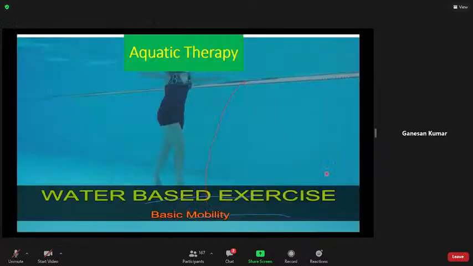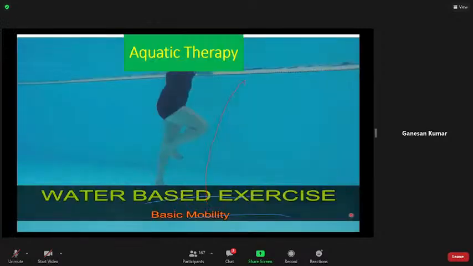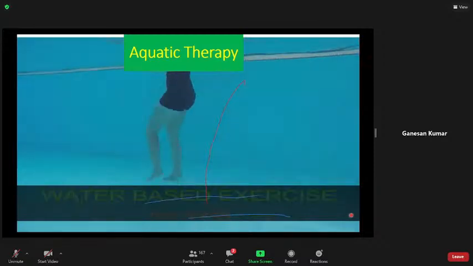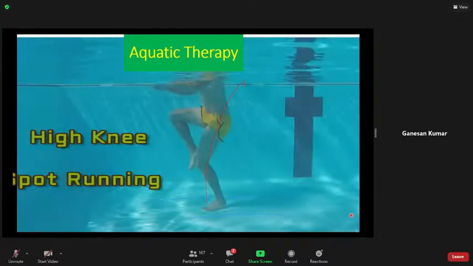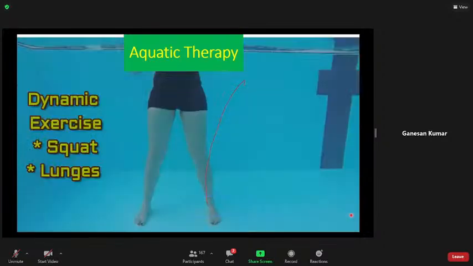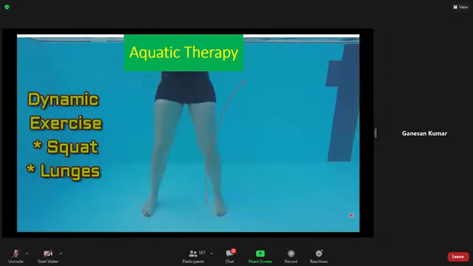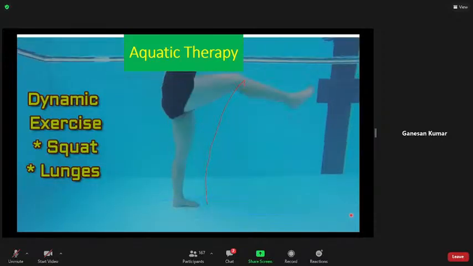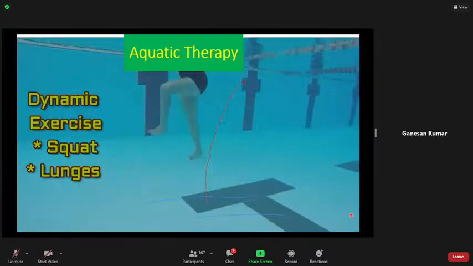Water-based exercise, again, remember, is recommended in the initial phase when there is severe pain and the patient is obese. You can tell the patient that this is just going to be short-term, and you can progress their activities in the aquatic area and then move to the land-based area.